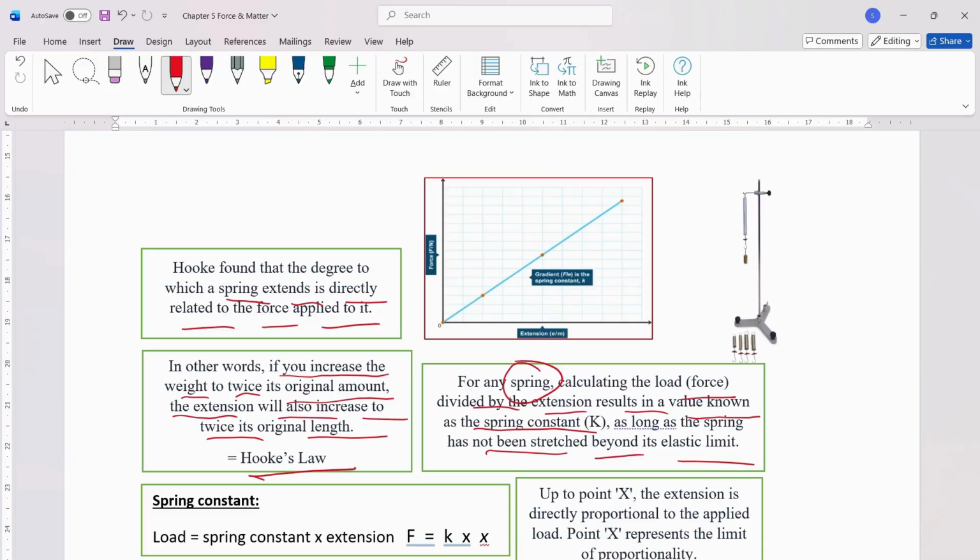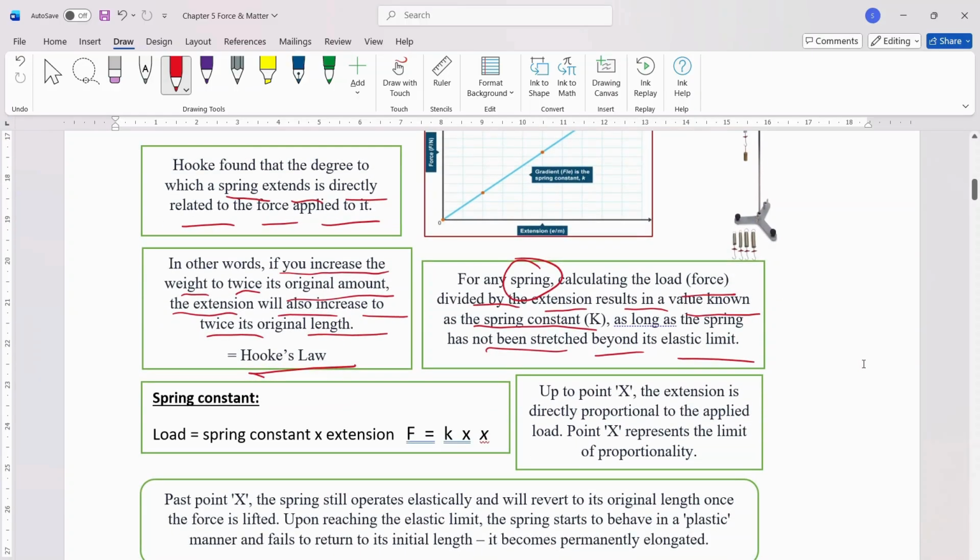If it goes beyond its elastic limit, it will not turn back into its original shape. So load is equal to spring constant times extension. Load is the force, so force is equal to K times X. X is the extension, K is the constant, F is the force.